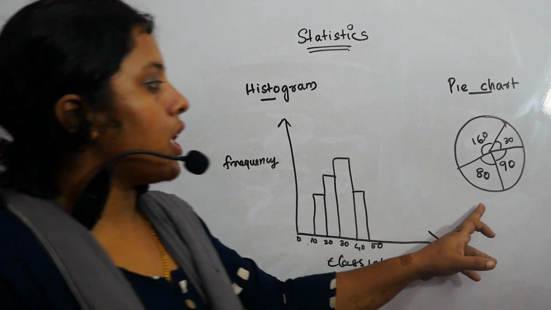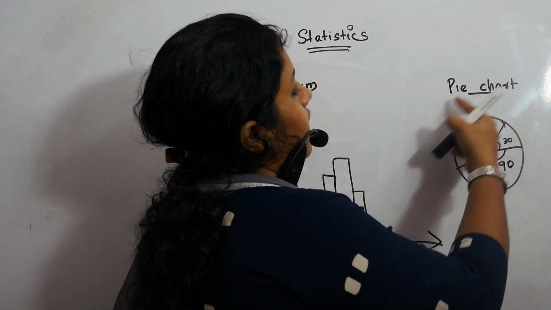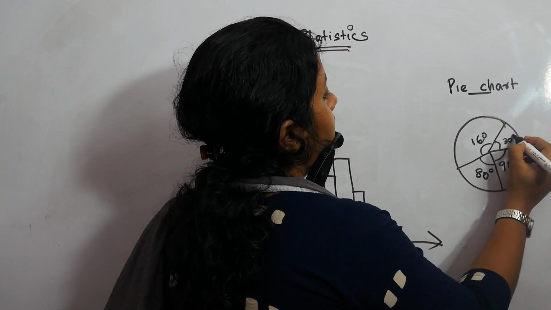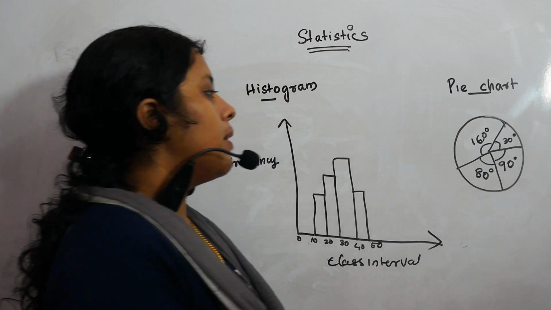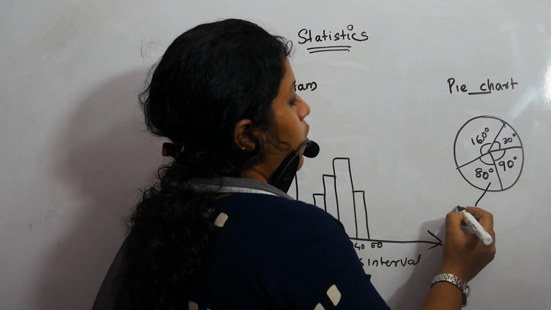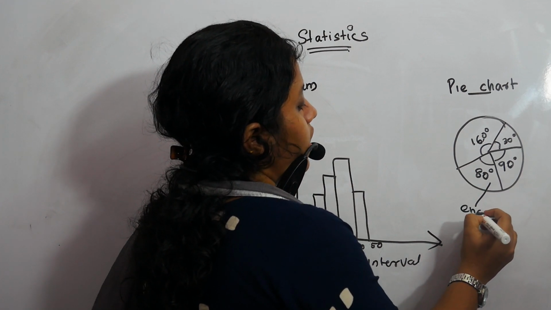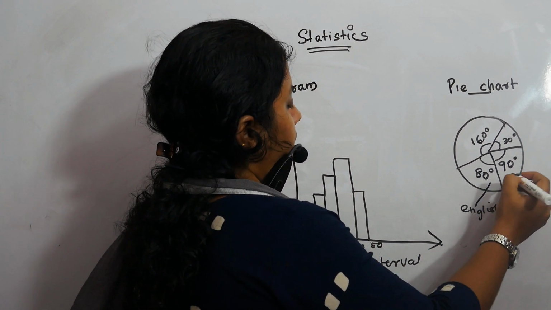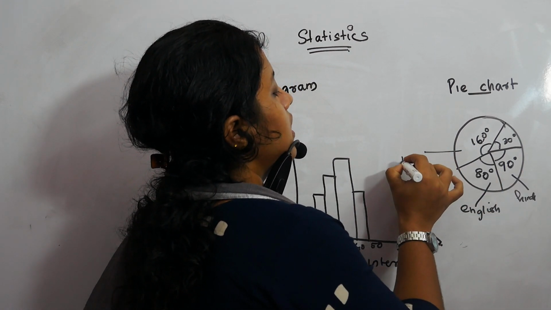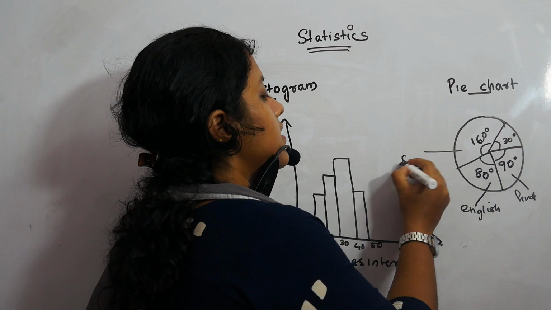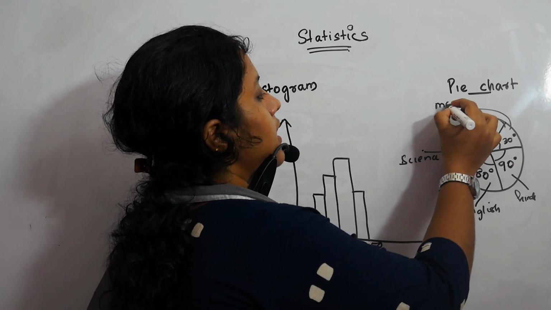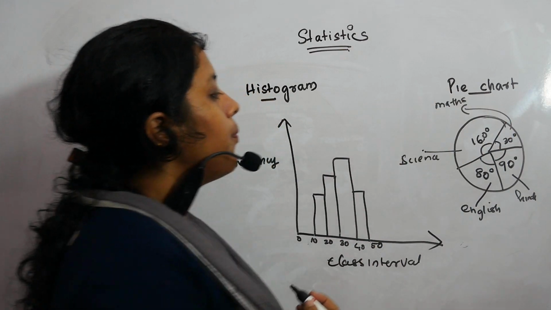Now what is a pie chart? See, this is a pie chart. In that we'll have a circle and degrees, and these various degrees will represent different things, like the number of people who passed in English, in Hindi, in science, in mathematics.